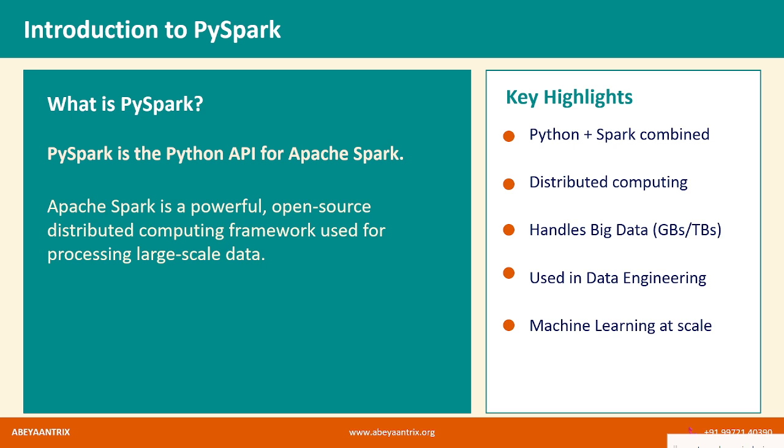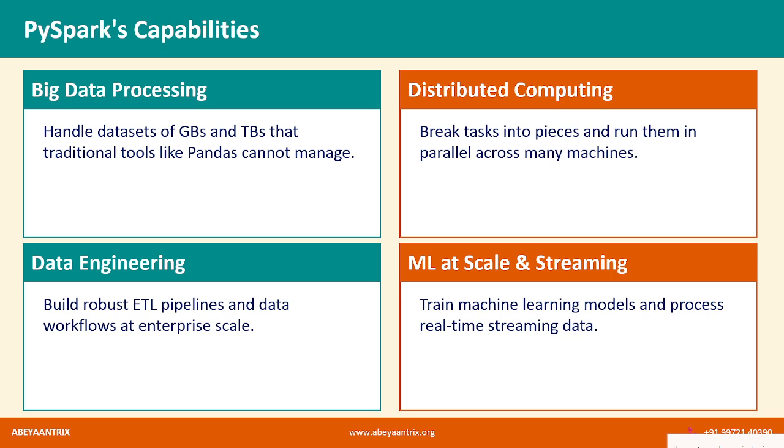When it comes to highlights, Python plus Spark together we call Pyspark. It is Python code which helps you to access Spark, and it is used for distributed computing. It can handle big data, that is data in GBs and TBs. It is also used in data engineering and machine learning. So this was about PySpark.